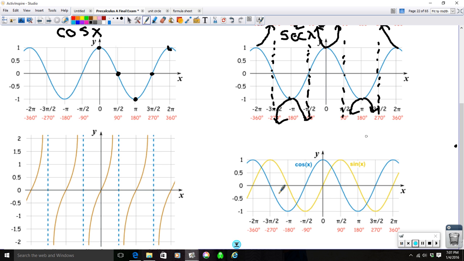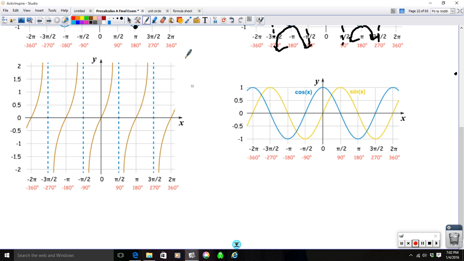Tangent. Remember, tangent is sine over cosine. So what happens here is where cosine is 0, at negative 3 pi over 2, in blue here, at negative pi over 2, at pi over 2, and at 3 pi over 2, these become asymptotes because the denominator is never allowed to be 0.